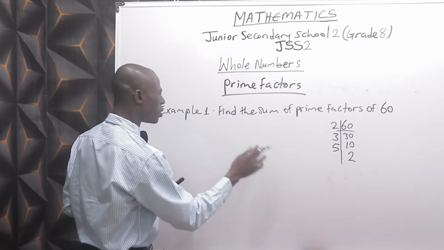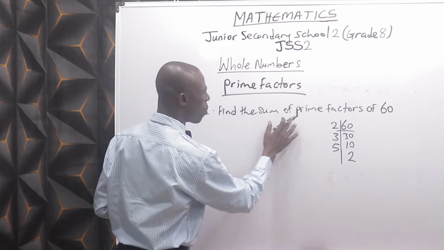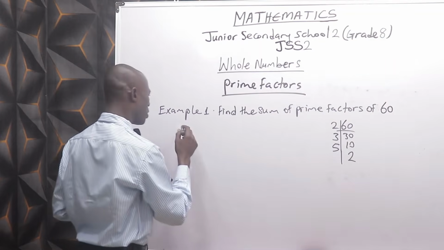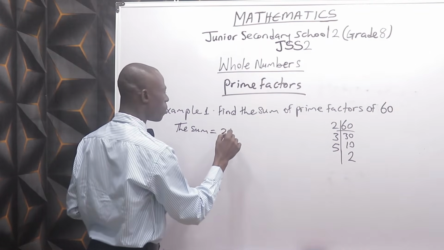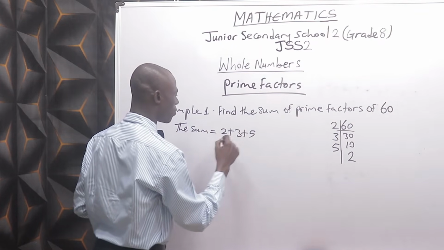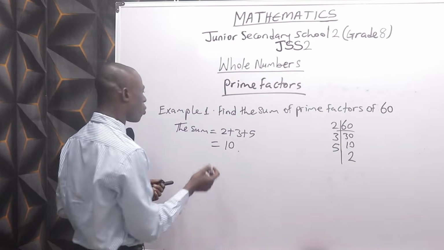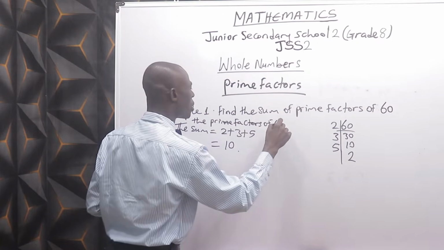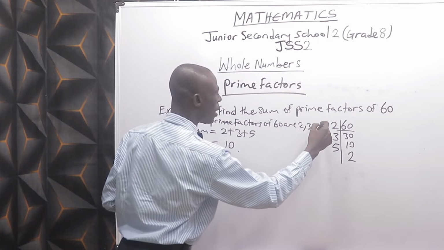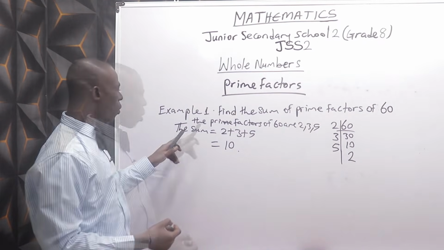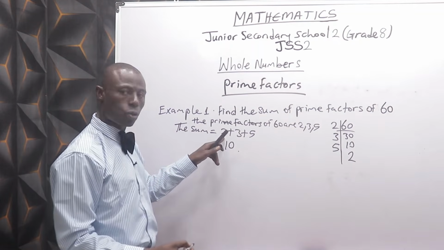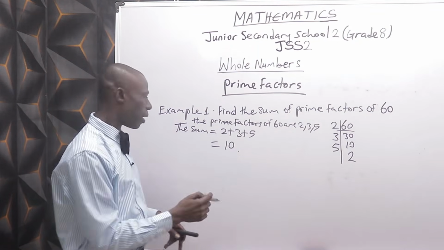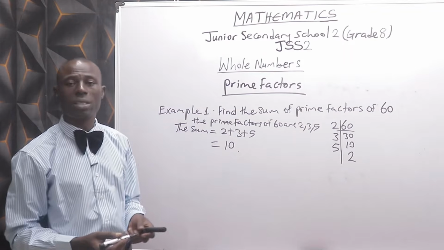Therefore, with this approach, the answer to the question, find the sum of prime factors of 60, is: the prime factors of 60 are 2, 3, and 5. Therefore, the sum is 2 plus 3 plus 5, which is 10. And that is how to answer such a question.